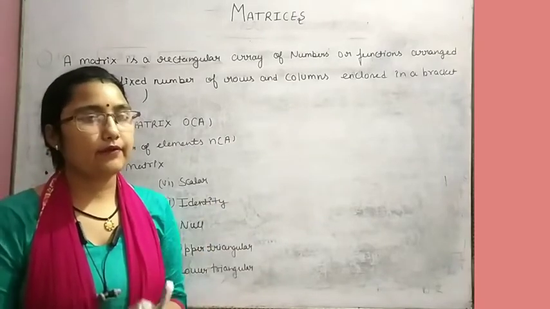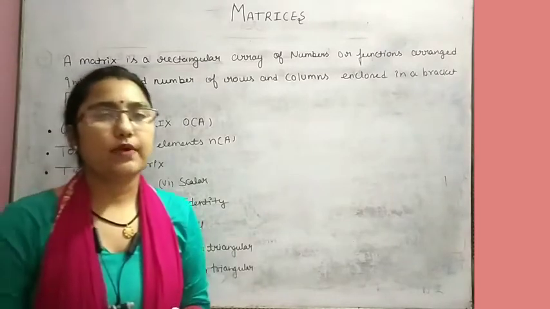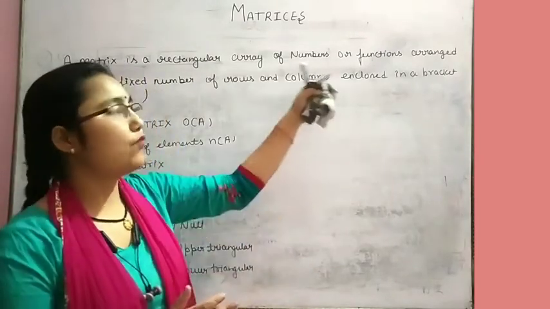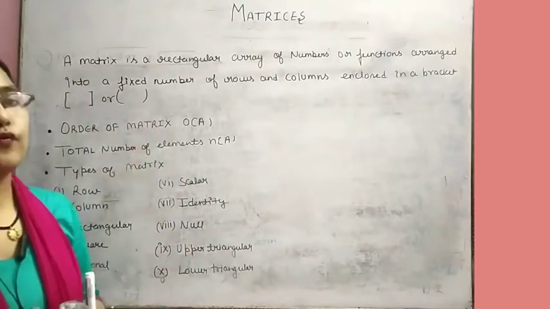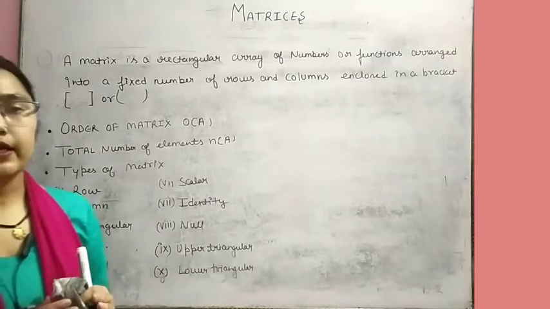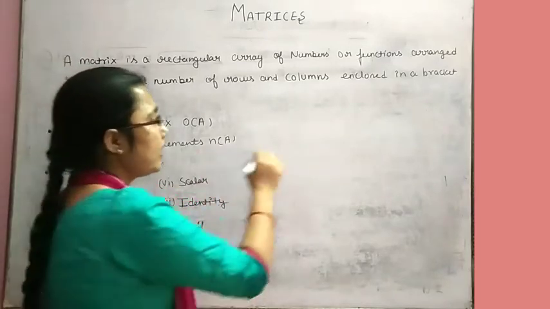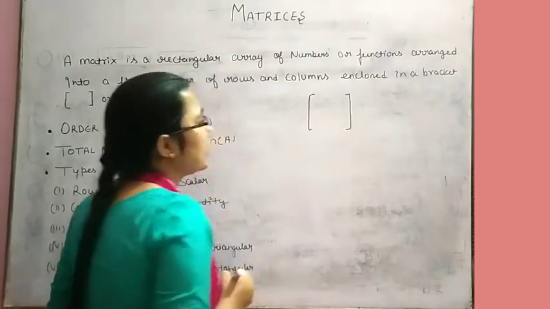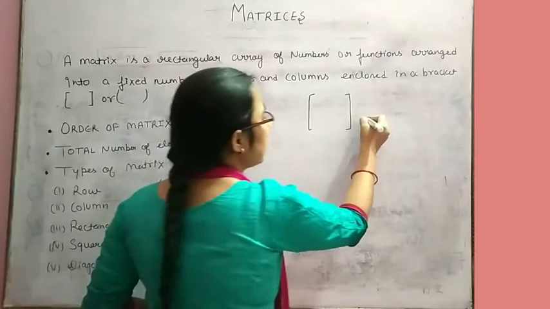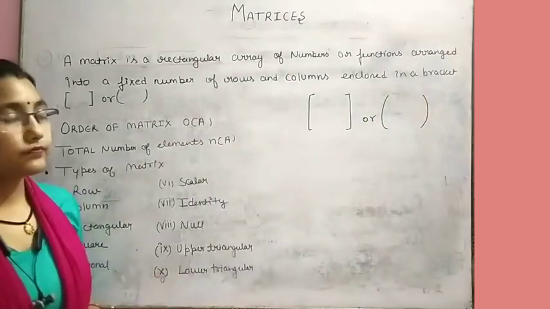What is a matrix? So matrix is a rectangular arrangement of numbers and functions which are arranged by a fixed number of rows and columns and enclosed in a bracket. That means every matrix is represented by the bracket this or this.